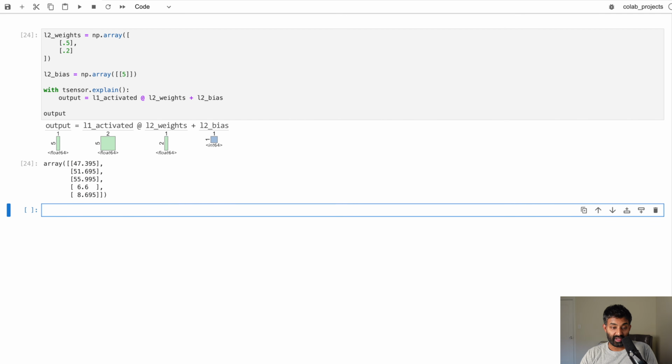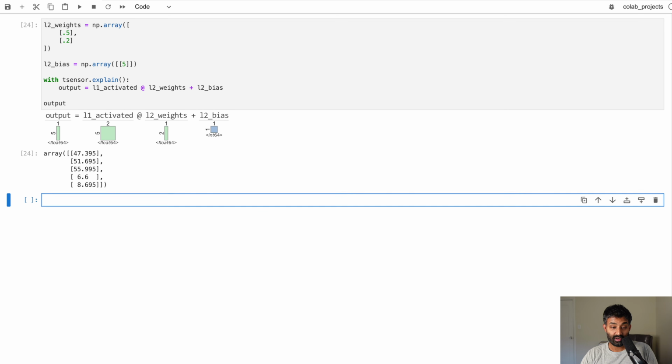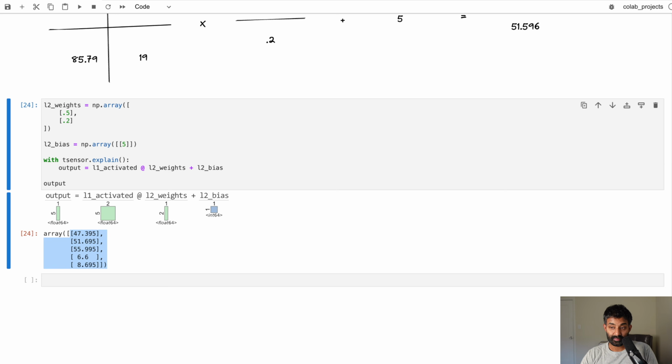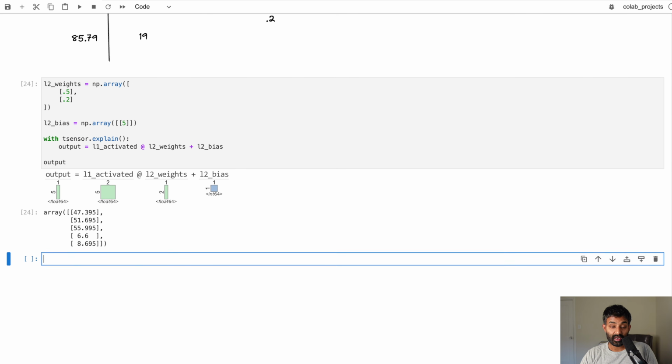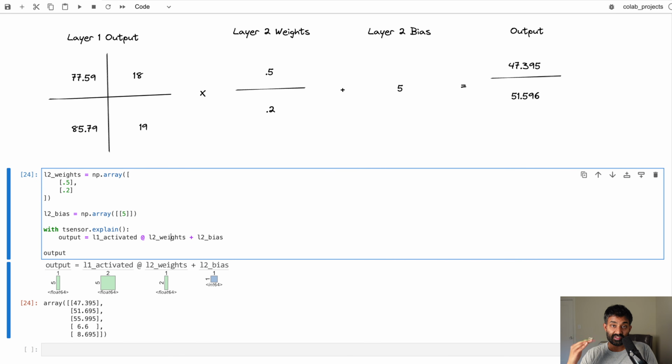All right, so we get our handy little map of how we did our matrix multiplication and addition, and we get our outputs. All right, so this is basically how we make predictions in a neural network. We take our weight matrix for each layer, we take our bias matrix and we just do repeated multiplication by the weight, add in the bias, apply a nonlinearity, do it again for each layer.